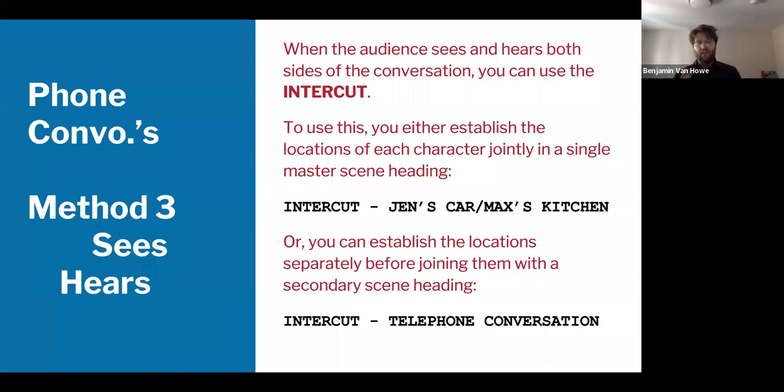And then we get an idea like, oh, there's two locations and they're intercut. Or you could establish the locations separately and then join them together. First, we have interior Jen's car, some action line, and then interior Max's kitchen, some action, and then we write "intercut telephone conversation." So we understand that those two scenes are now conjoined.